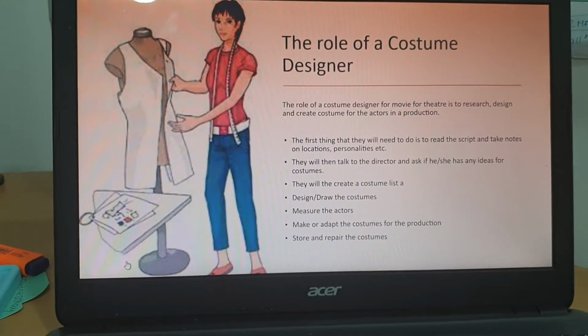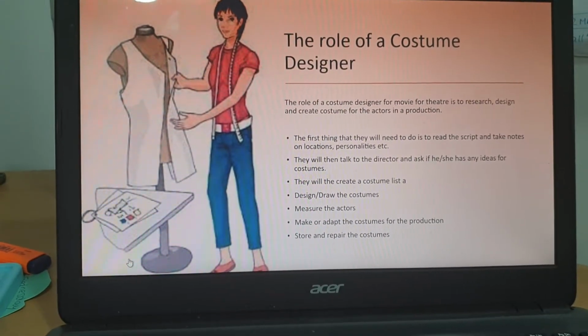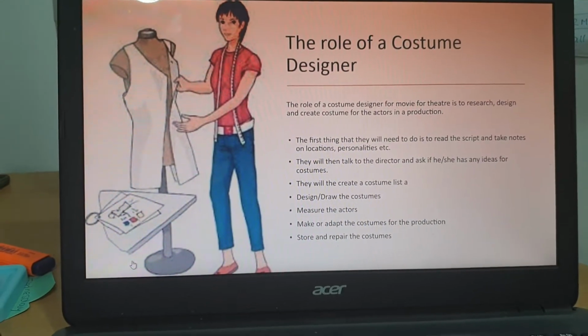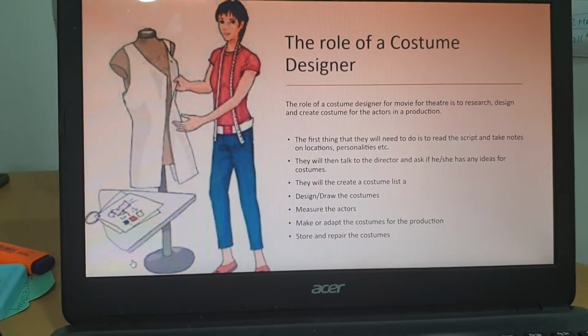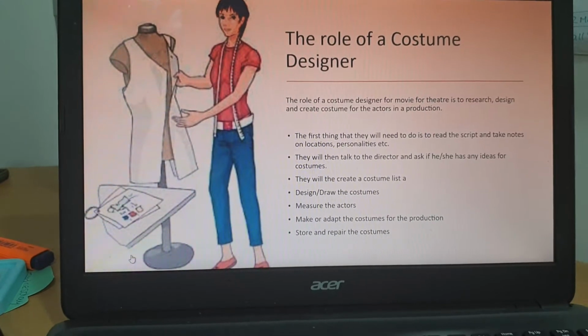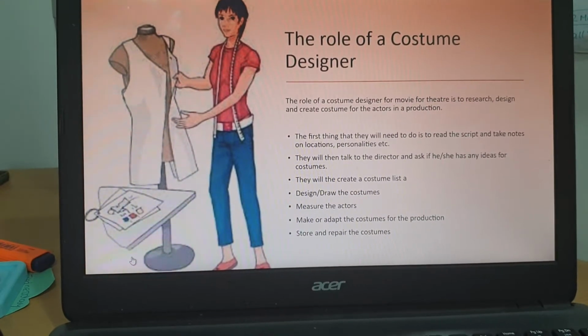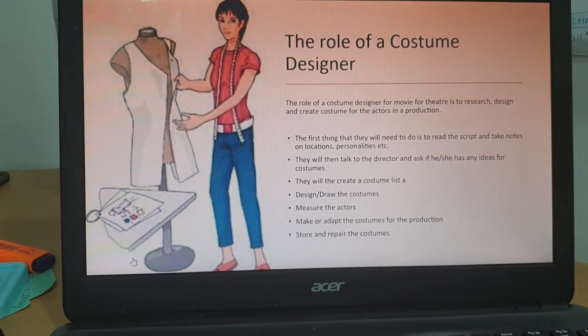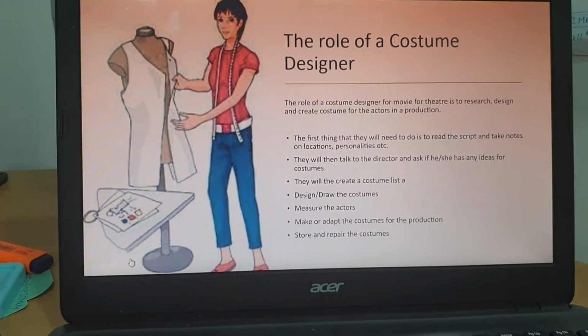The first thing you need to do is read the script and take notes on locations, personalities, etc. Every person has to read the script. Every designer, every actor has to read the script first. And that's going to give you ideas. For example, if someone is a very tough, mean gangster type character, you might want to dress them in black.